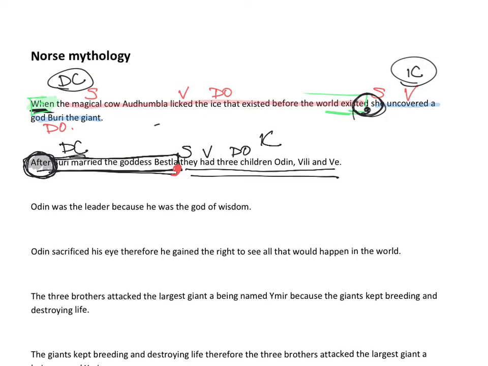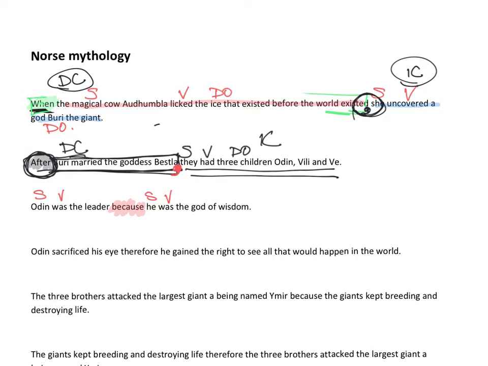Okay, Odin was the leader because he was the god of wisdom. And you can very quickly see you've got subject-verb, you've got subject-verb. How are they joined together? Well, I've got this word because. Is that a word that creates a DC, a subordinate or a dependent clause? Well, let's take a look. Odin was the leader because he was the god of wisdom.